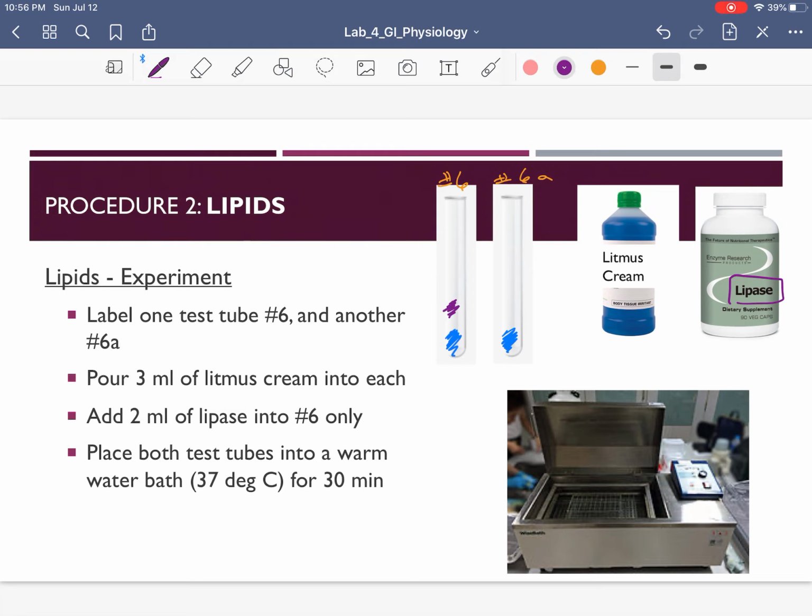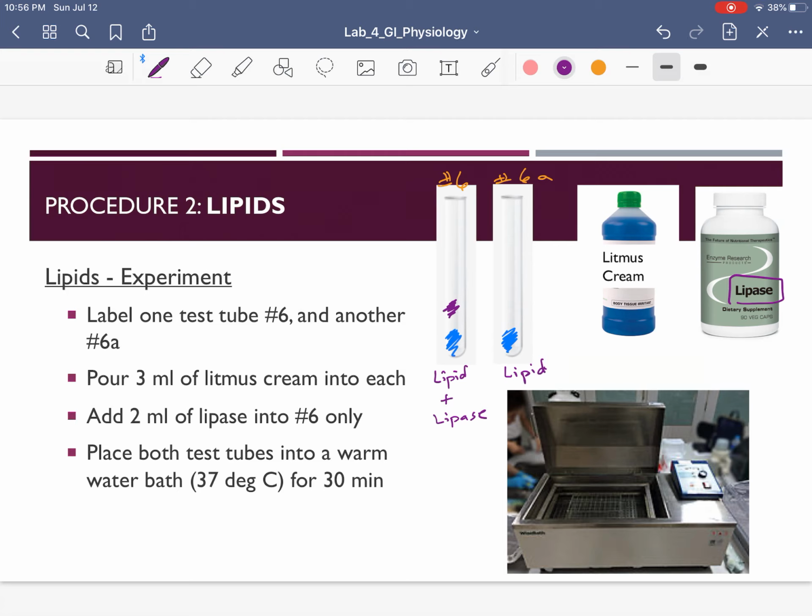So this is going to be our lipids plus the lipase enzyme. Whereas 6A, we're not going to add anything. 6A test tube is only the lipid.